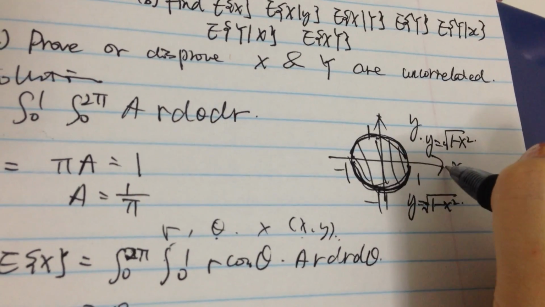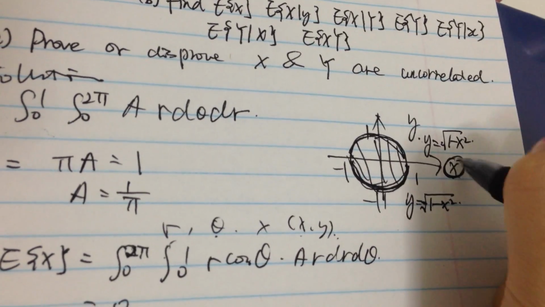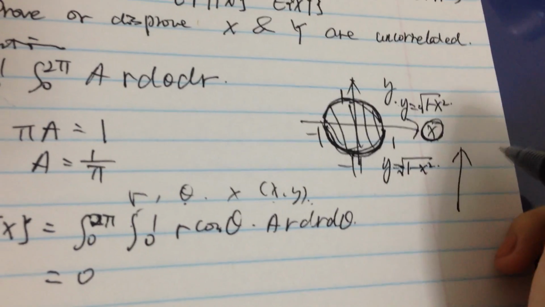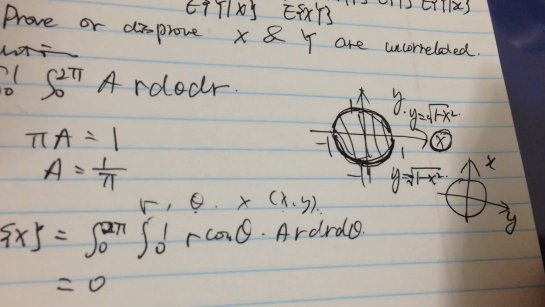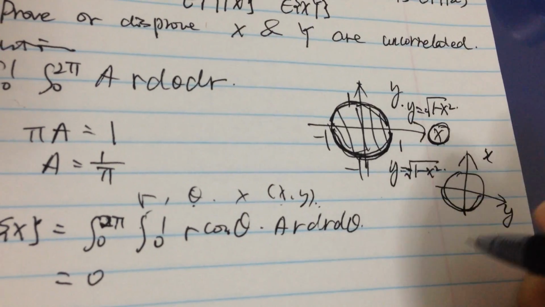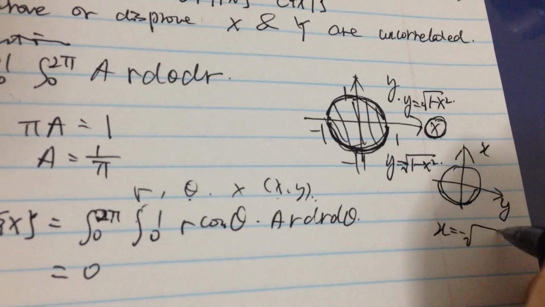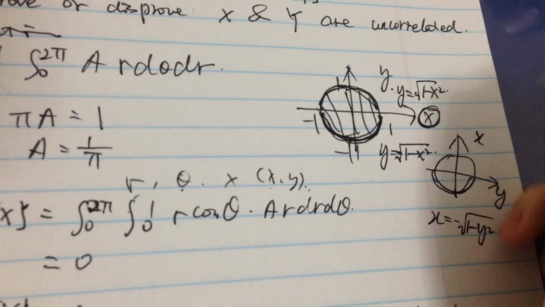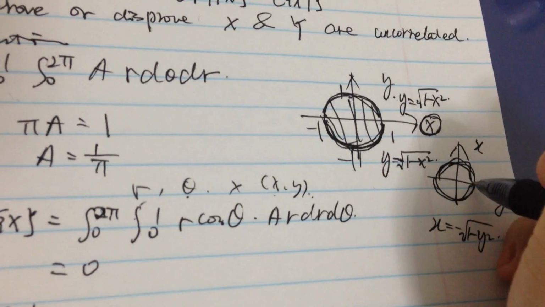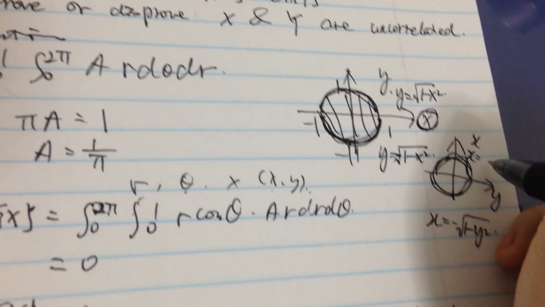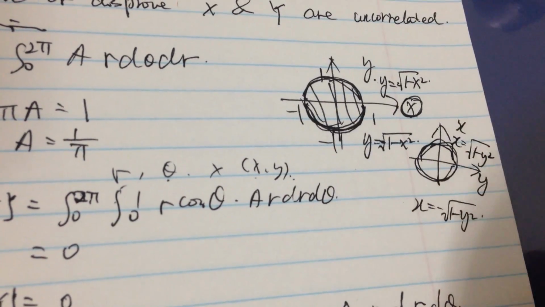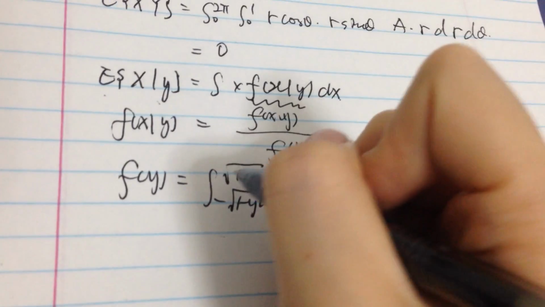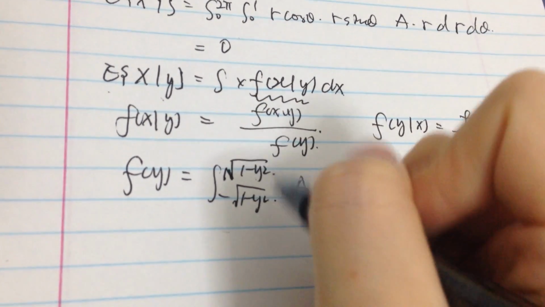Similarly, if we regard this, I'm going to draw it in this way. So obviously this part, the upper part would be, so. Here is the reason why I write this 2 here.